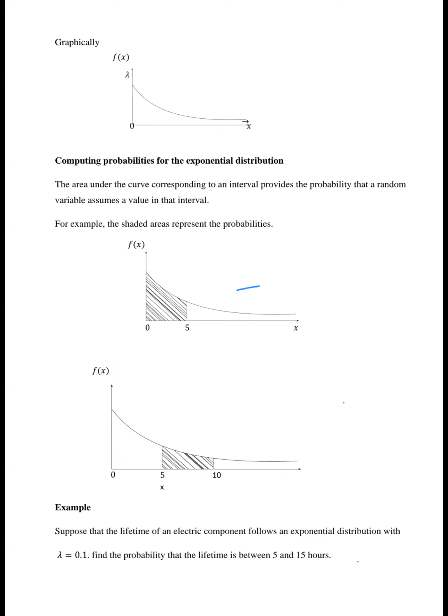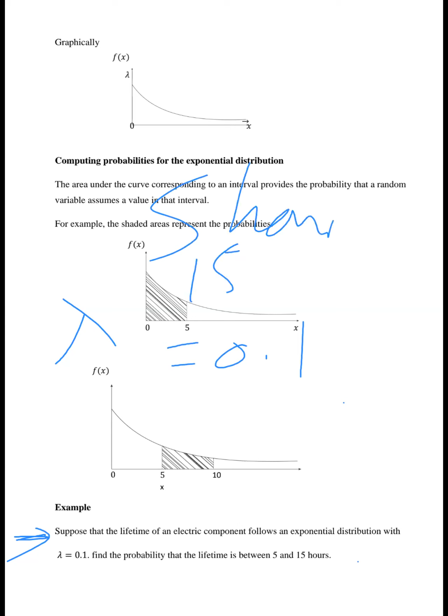We will start with an example: suppose that the lifetime of an electric component follows an exponential distribution with lambda equal to 0.1, and the lifetime is between 5 hours and 15 hours. So when you look at the time, it has a range.